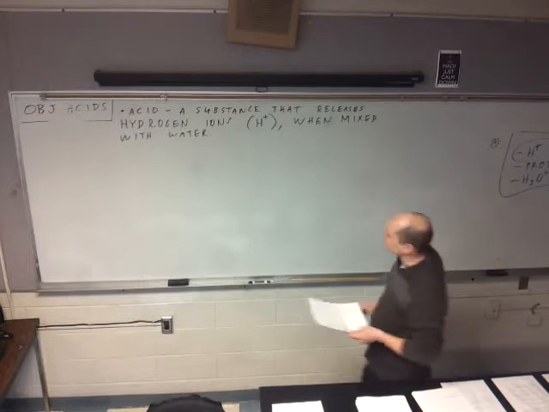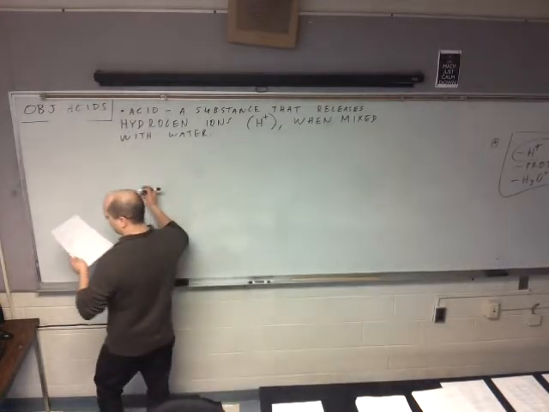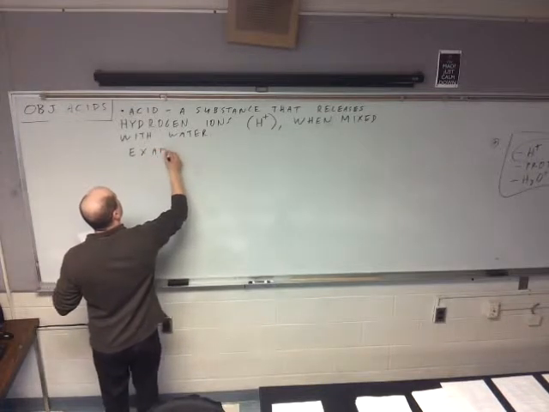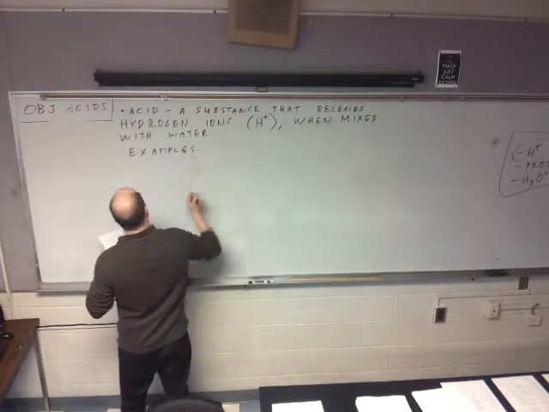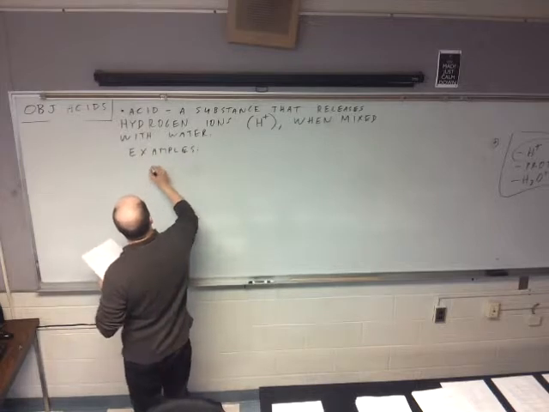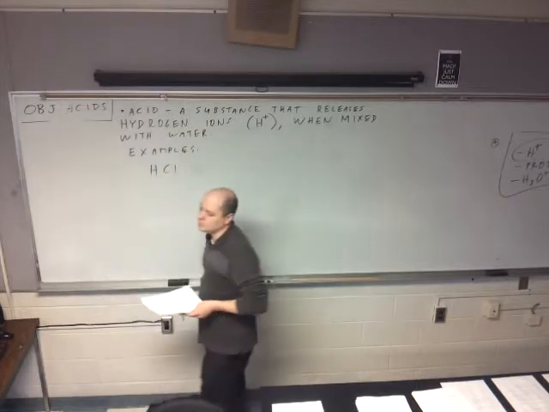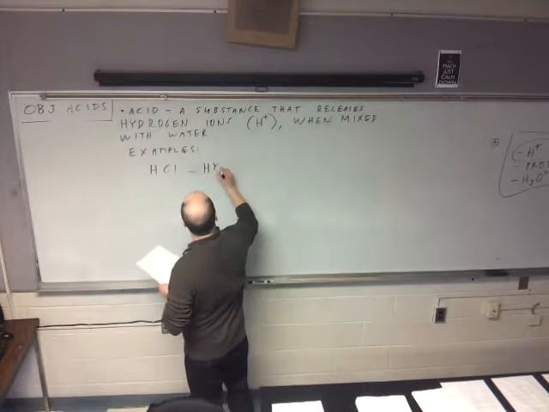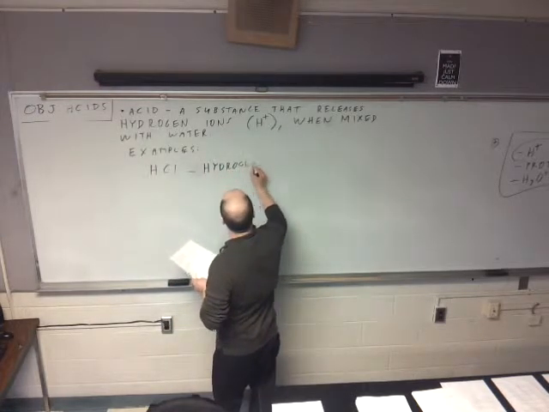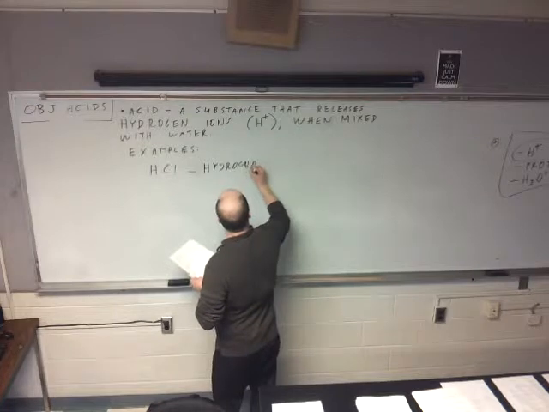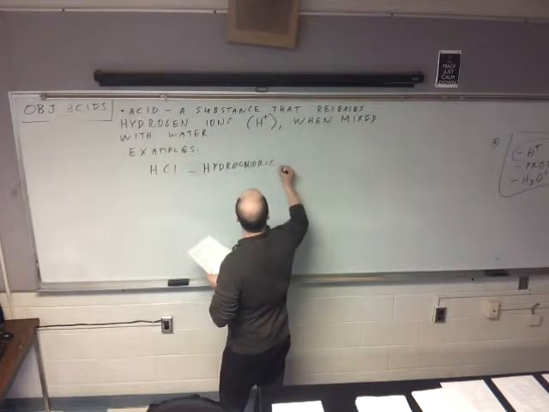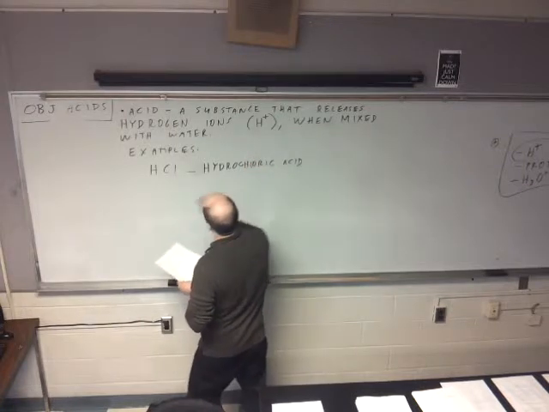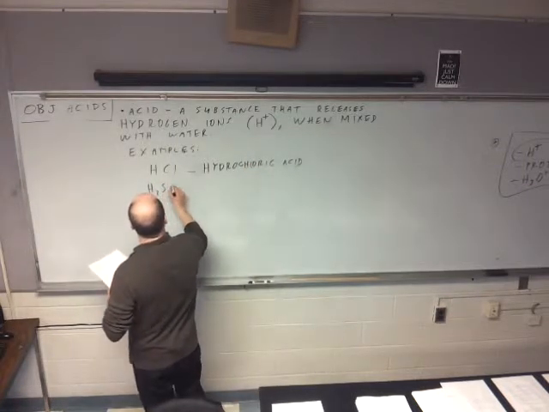All right, so back to acids. What are some acids that you see a lot? Vinegar. Here's some common ones. HCl, you've seen this one before, right? It's hydrochloric acid. H2SO4, you know what this one is?